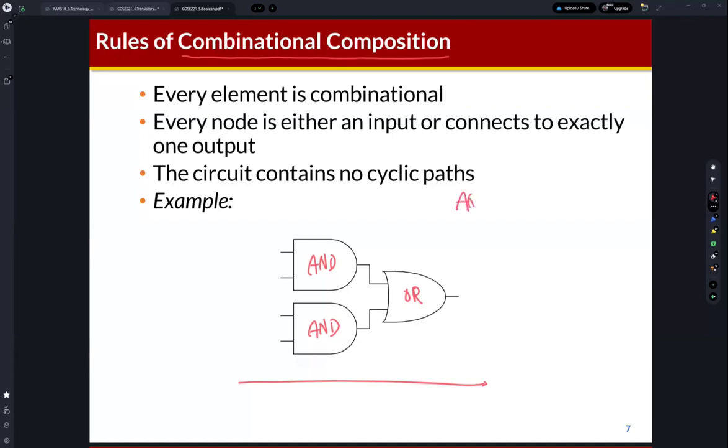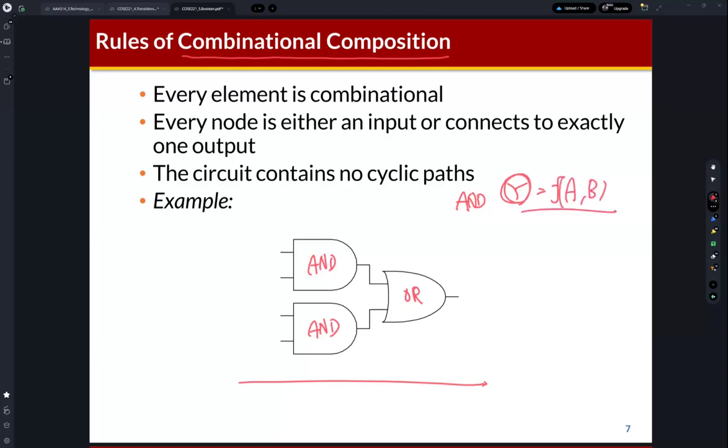Is the AND gate a combinational logic? It is, because the output Y of the AND gate is determined by only the inputs, A and B.